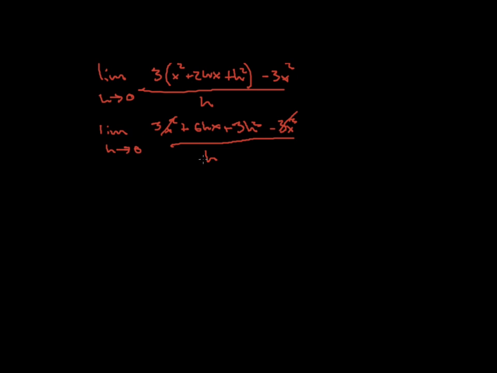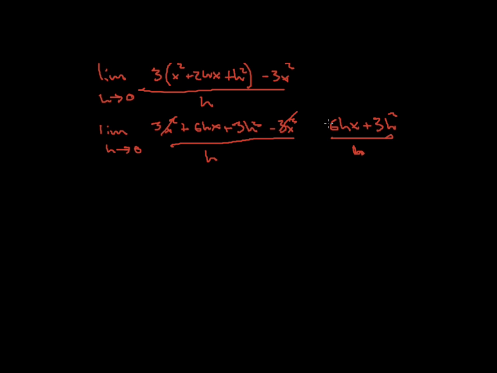Now we have to try and get rid of this h, because since we have a 0 here, if we plugged it in, it would make the whole function undefined. And so getting rid of this is not too hard. Once we get rid of these 3x squareds, we see that we have 6hx plus 3h squared all over h.